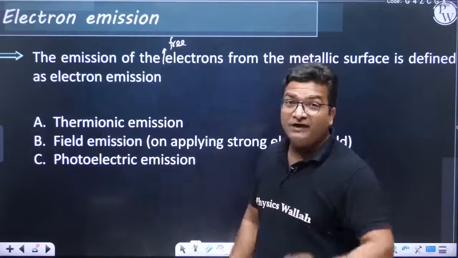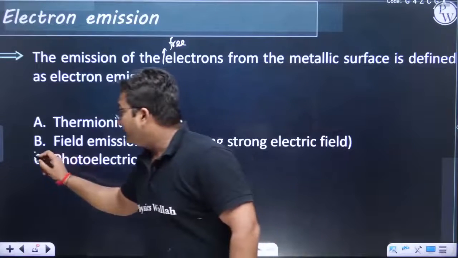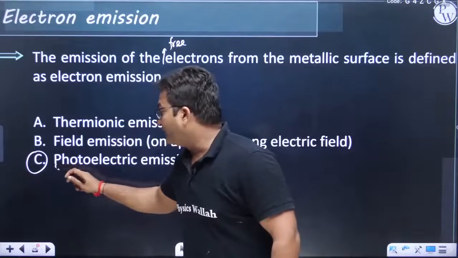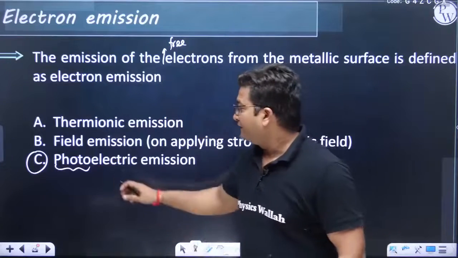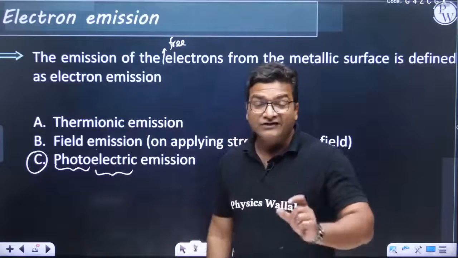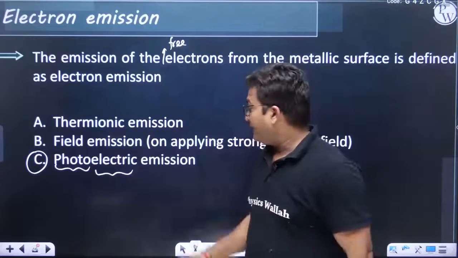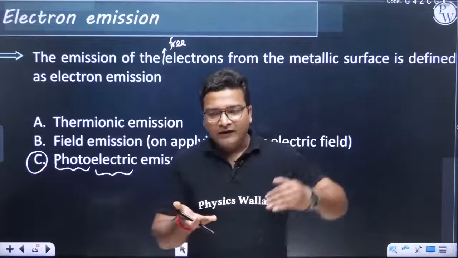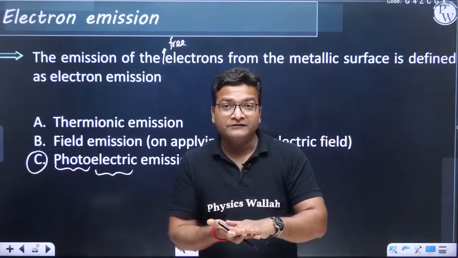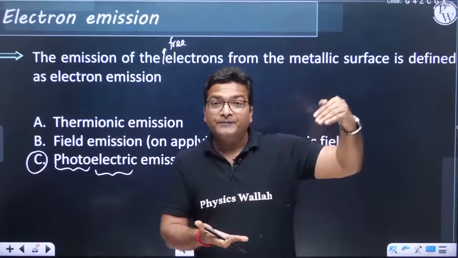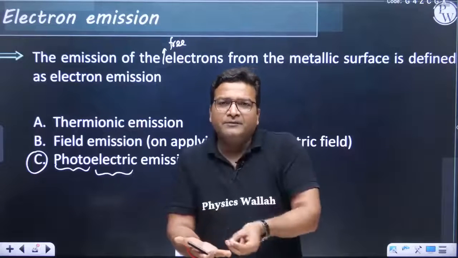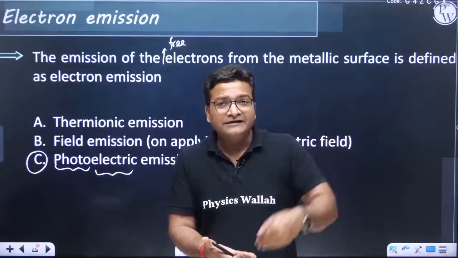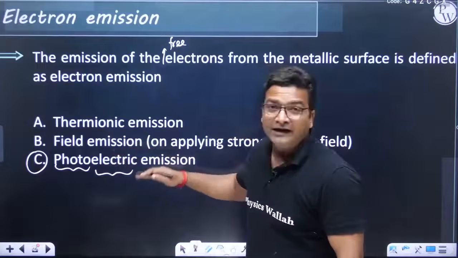And the third, which we are going to discuss in detail, is photoelectric emission. The word photo stands for light, the electric stands for the electron, and emission is for emission of electrons. So when light falls on some metal surface, and by the incidence of light electrons are being emitted from the metal surface, meaning electrons are gaining energy from the light, then this kind of emission is called photoelectric emission.